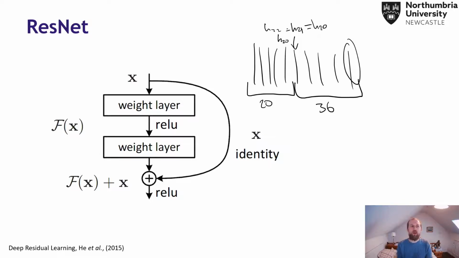So what they've done with this ResNet is actually force this mapping from Hn to Hn plus 1 to be almost identical. And this is called the identity mapping.